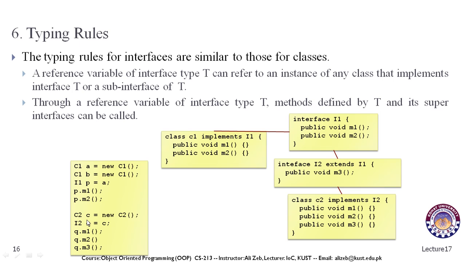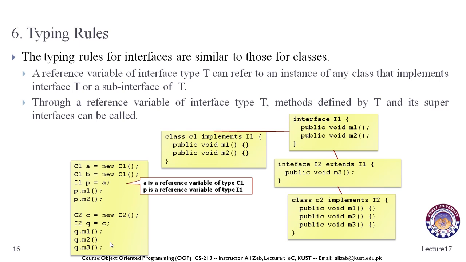Similarly, if we declare an object of class C2, let's say we have a reference variable declared using the interface I2. We can assign the object to that variable, and we can call the methods of class C2 using this variable, and this is the same as we can do with our classes and polymorphism.